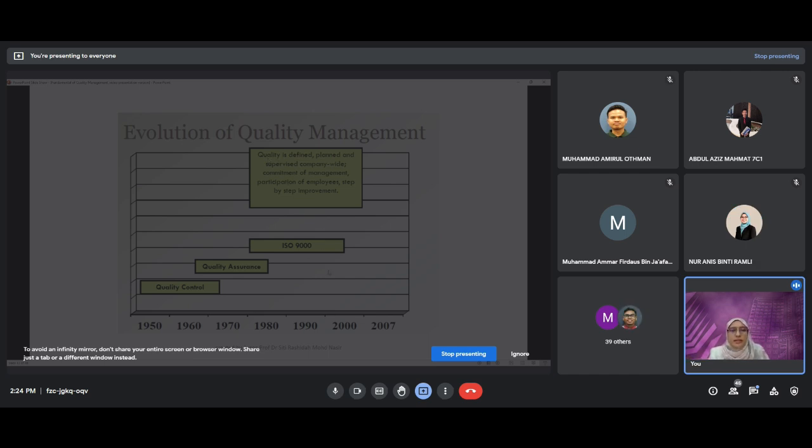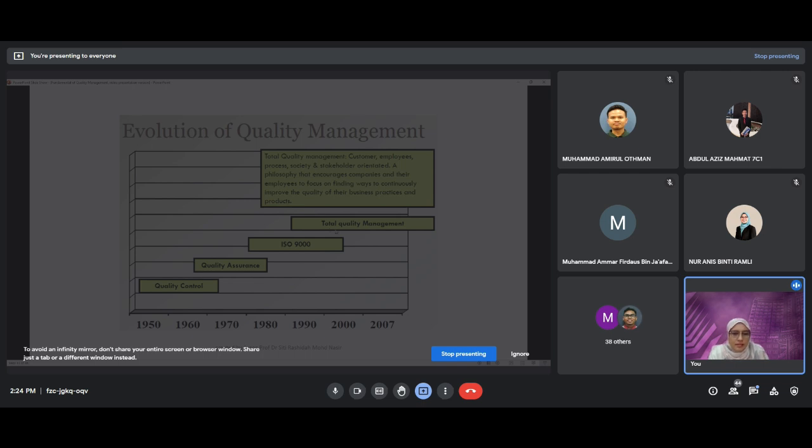This is where quality was defined, planned, and supervised company-wide, involving the commitment of management and participation of employees, and it also gives a standard, a step by step guide on how to improve the product.